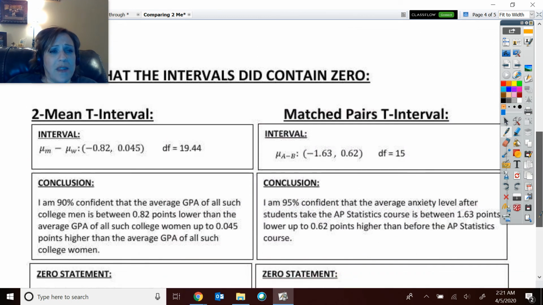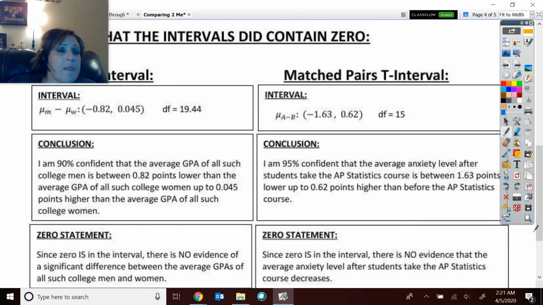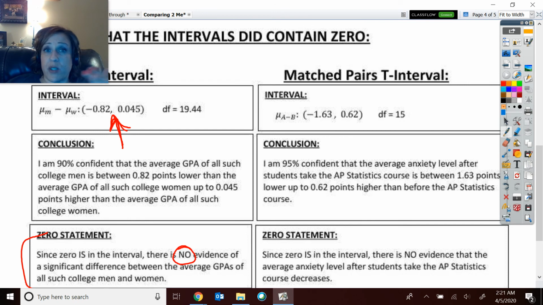Let's look at what that interval would look like in that case. If we failed to reject, we don't have evidence of a significant difference. So zero would have been in there. And since zero is in that interval, there is no evidence of a significant difference between their average GPAs. In this problem, we have a situation where the men have lower than the women, up to the men having higher than the women.